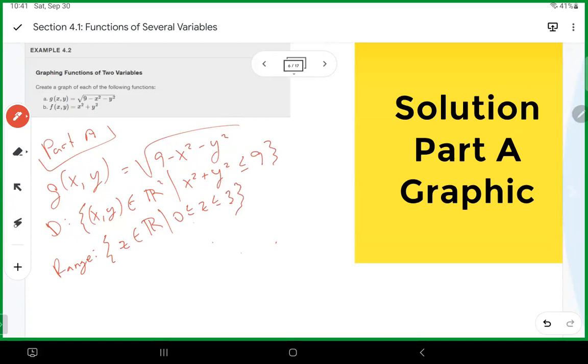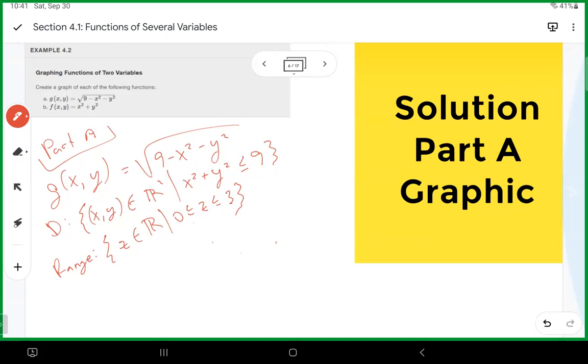When x squared plus y squared equals 9, we have g of x, y equal to 0. Therefore, any point on the circle of radius 3 centered at the origin in the xy plane maps to z equal to 0 in R cubed.